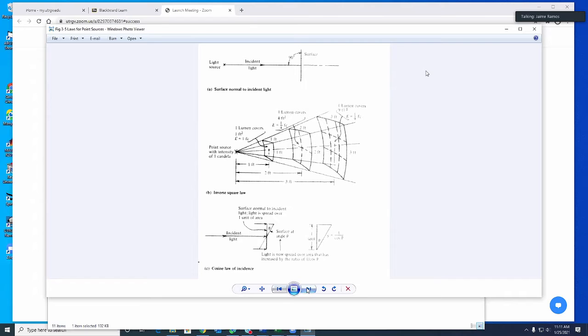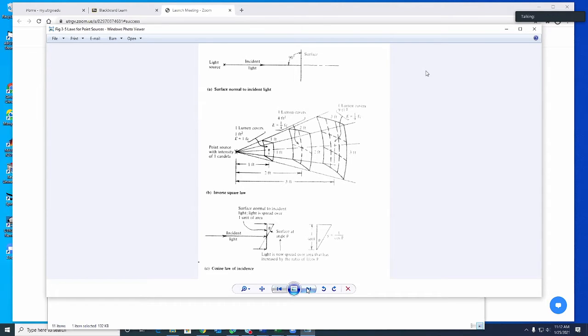For the second area, at 2 feet away, now the total area is 4 feet square, so now we have 1/4 of a foot candle. For the third area, which is at 3 feet away, now the total area is 9 feet square. So therefore, the illuminance is 1/9 of a foot candle.